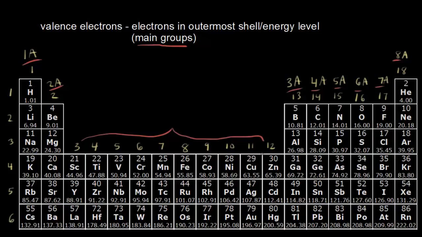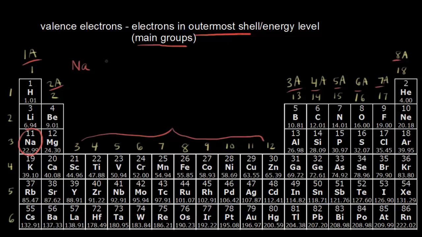If you're talking about the main groups, the valence electrons are the electrons in the outermost shell, or the outermost energy level. Let's see if we can figure out how many valence electrons sodium has. If I wanted to write an electron configuration for sodium, I assume you already know how to do these.